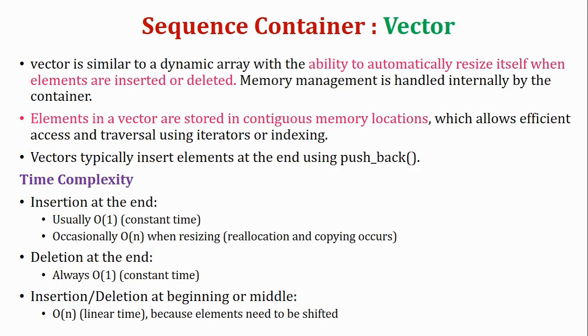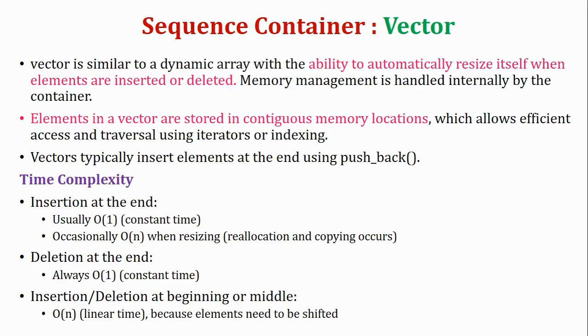So what is the vector? It is similar to a dynamic array with the ability to automatically resize itself when elements are inserted or deleted. The elements in a vector are stored in continuous memory locations, which allow efficient access and traversal using the iterator or indexing.